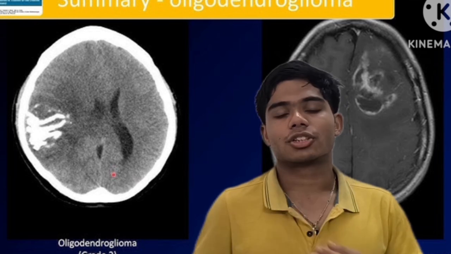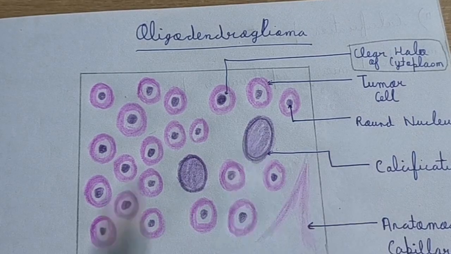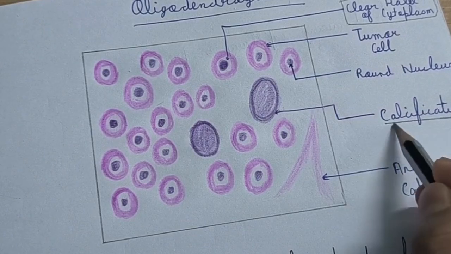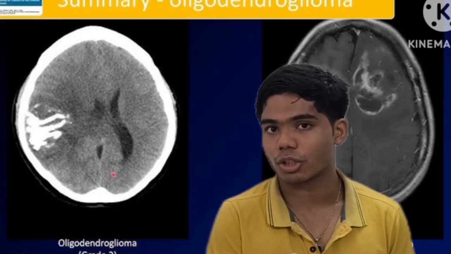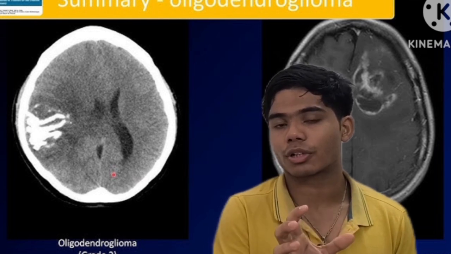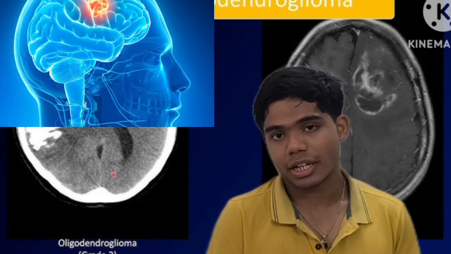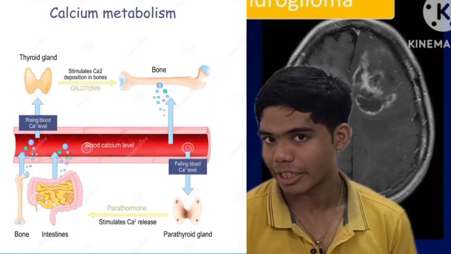So friends, as you have already seen, in the histopathology of oligodendroglioma calcification is present. In this part I am going to explain why calcification is present in oligodendroglioma. First of all, you should know that oligodendroglioma is a CNS tumor, and this brain tumor affects the calcium metabolism.